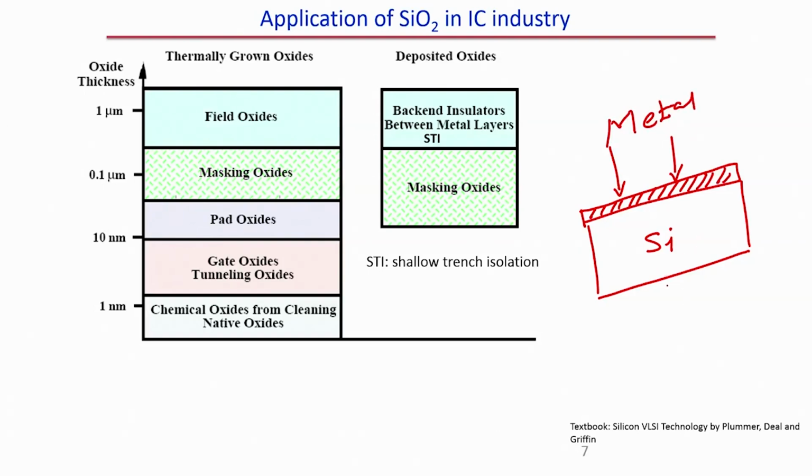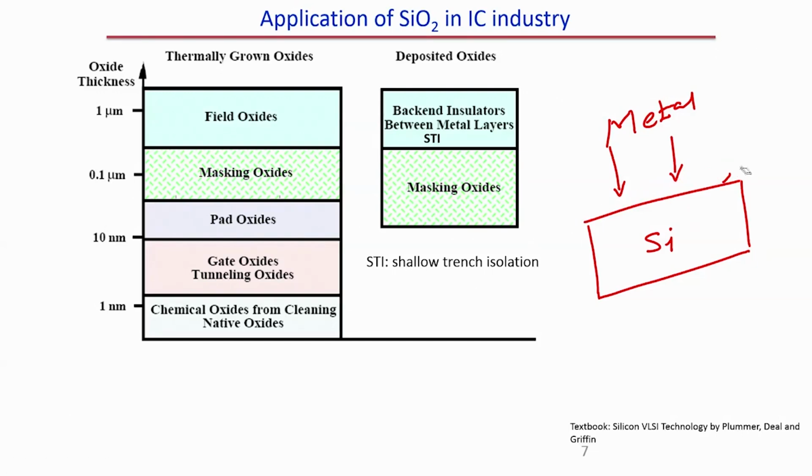Silicon is a semiconductor, metal is a conductor. So, we may not be able to get what we want, because it will be a short between a conductor and a semiconductor. So, how do we use silicon as a substrate?